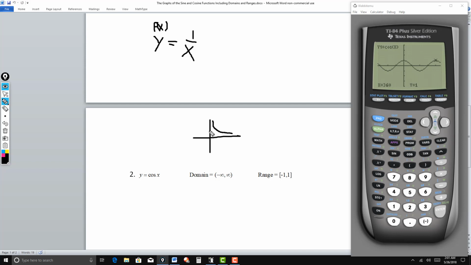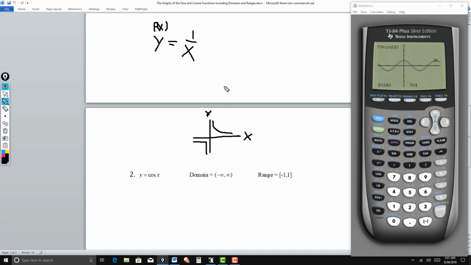I have an asymptote at x equals 0 and y equals 0. In other words, the x-axis and the y-axis are asymptotes. So you can see by this one right here, the domain is the permissible replacements for x. What are the permissible replacements for x? Well, in this case, x can be any number except 0 because division by 0 is not defined, and that's dictated here from the graph.